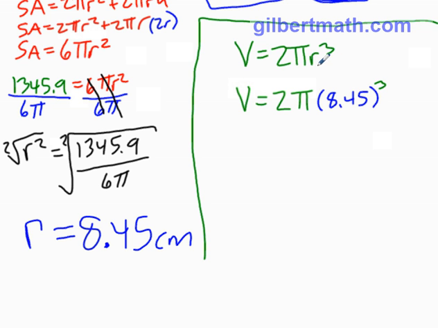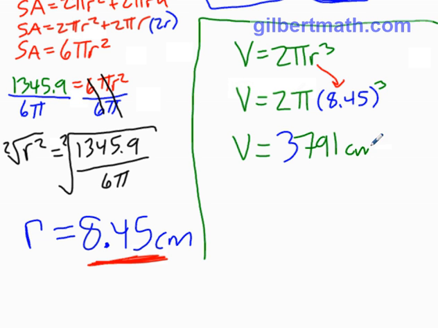So obviously where there was once an r, now there's 8.45, and that's because we know that that is the radius. So volume equals, and once again I'm going to pause it and I'll come back with the final answer. And I'm back. So the final answer is 3,790. And if I round that to one decimal place, I actually get 3,791.